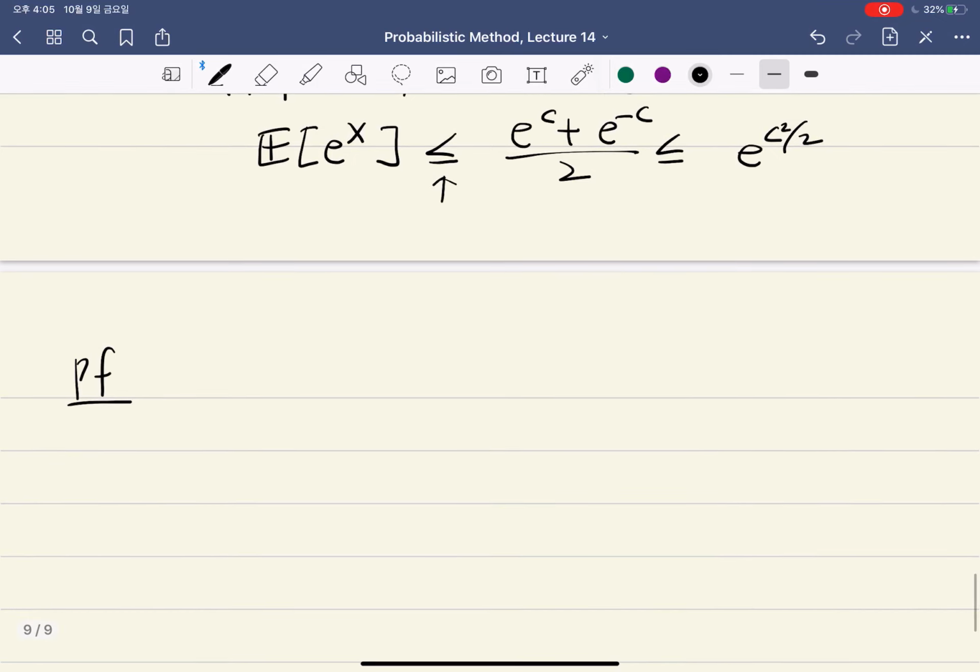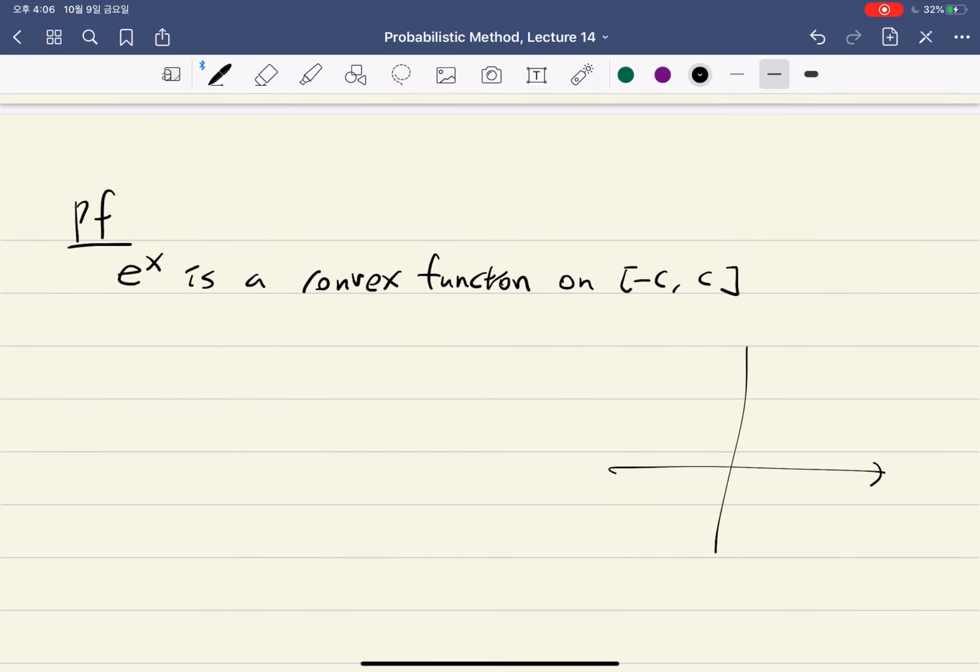For the first inequality, it's also not difficult. We know that the function f, e to the x, is a convex function. Say on this, you have negative c and c, and then there you have a convex function. Then you take the two ends and then take the weighted average.